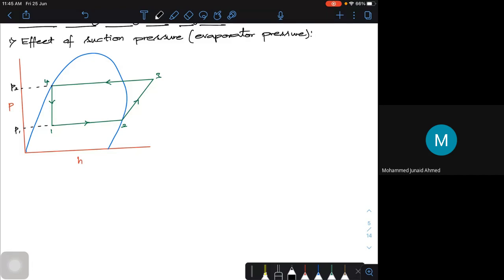If this particular pressure is going down, at a lower pressure instead of this particular point, what will happen to your refrigerating effect is one thing we are going to study. Now I will use a different color and draw a brown point here.